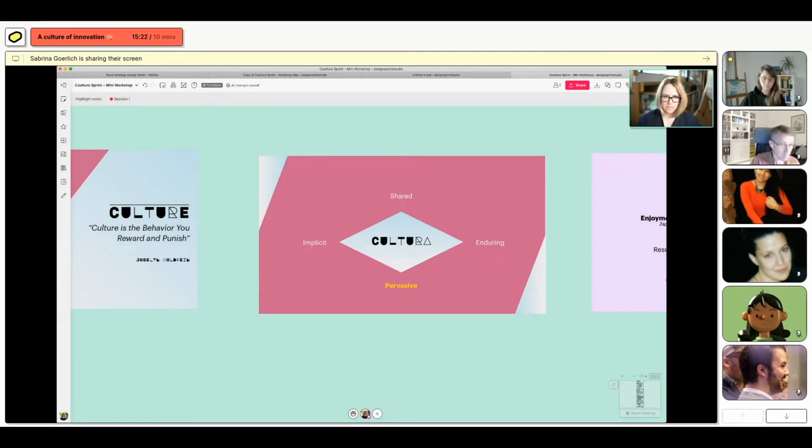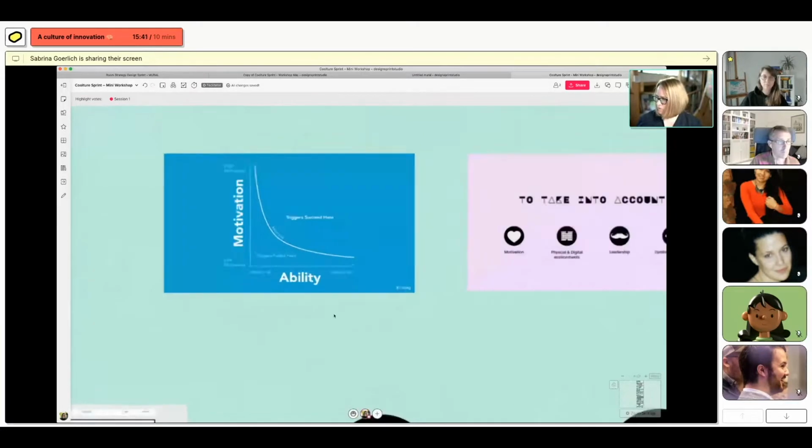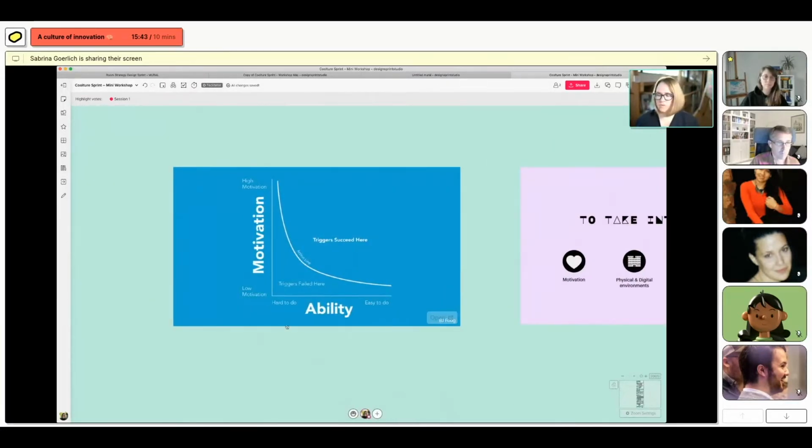natural behavior. So if we want to enable change in an organization, within a team, then we need to have something that is engaging, compelling, fun, and we need to see immediate benefit for us. And I want to show you another diagram for that. So it needs to be like that.